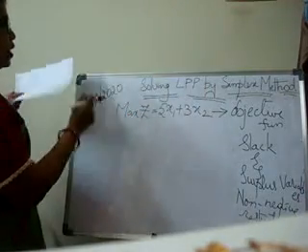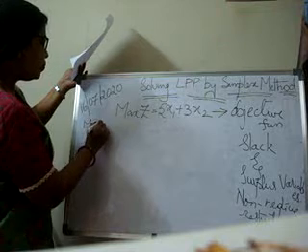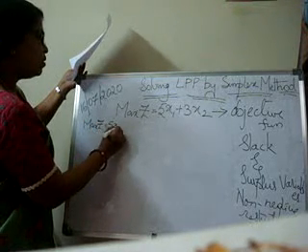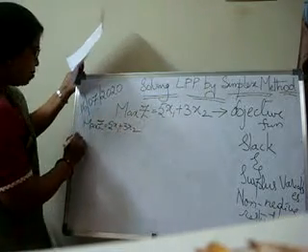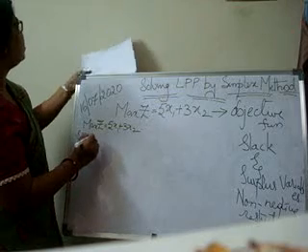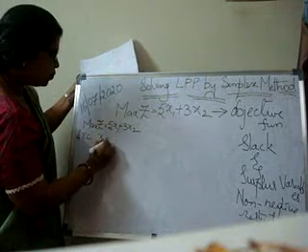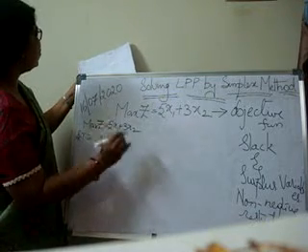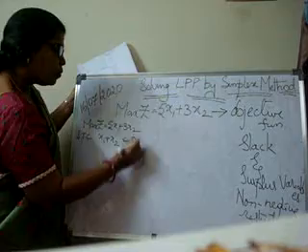Now let us see. Maximize z is equal to 5x1 plus 3x2, subject to the constraints. The first equation was x1 plus x2 less than or equal to 2.